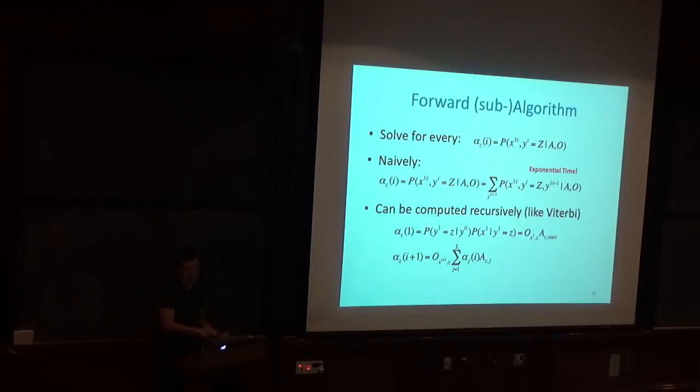So computing the prefix solutions is called the forward algorithm. Computing the suffix solutions is called the backwards algorithm. And the full algorithm is called the forward-backwards algorithm.